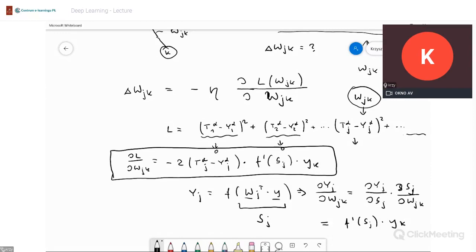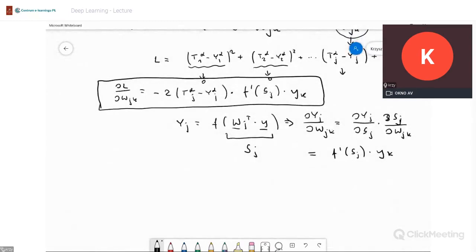Because what really matters is whether I can identify an error, because once again, a delta rule for a separate neuron says that an update is proportional to what is at the input, what is the error, and here is a derivative of the activation function.